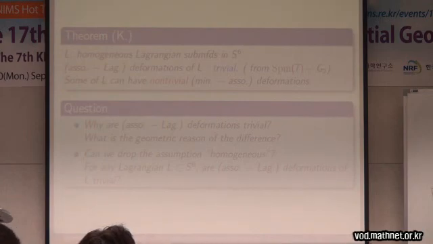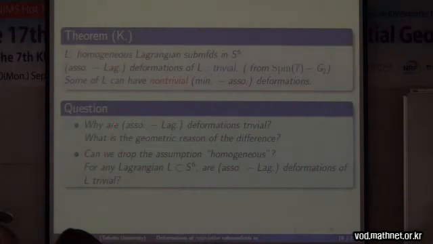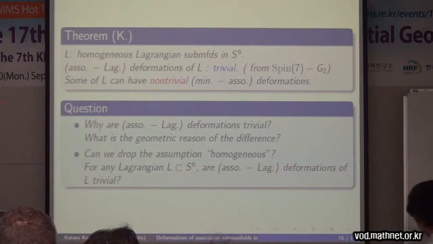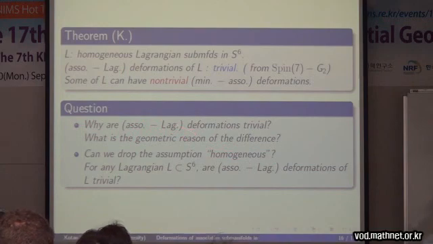But from these theorems, we obtain this result. So finally, we give some questions. Well, there's only one circle. So why are associative and non-Lagrangian deformations trivial? What is the geometric reason of the difference? Why is this only circle?